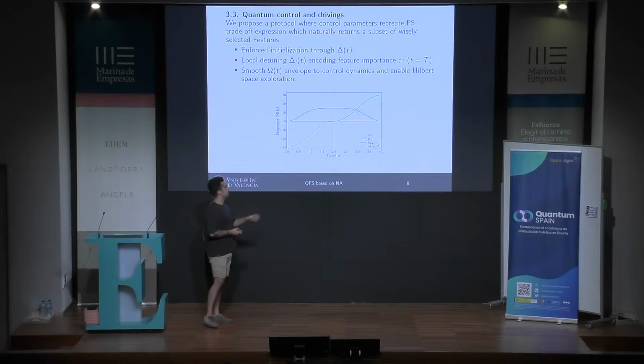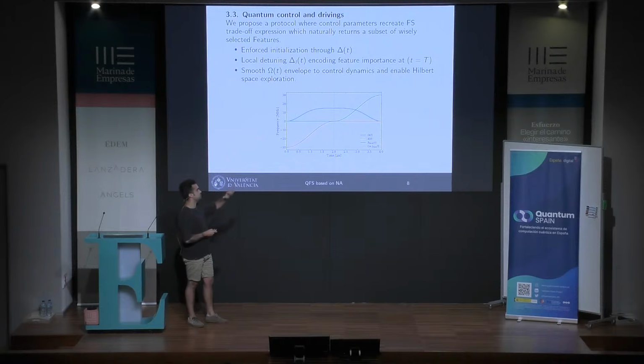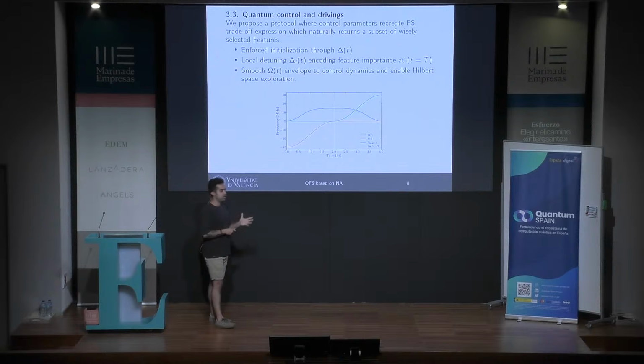This is the protocol we actually use for this particular problem. The blue line is the omega parameter, which creates superpositions and opens the system to different solutions. We start the protocol with a very negative global detuning, which initializes the system with all atoms deactivated, and then we move forward in time, and in the middle of the protocol we turn off the global detuning and turn on the local one.